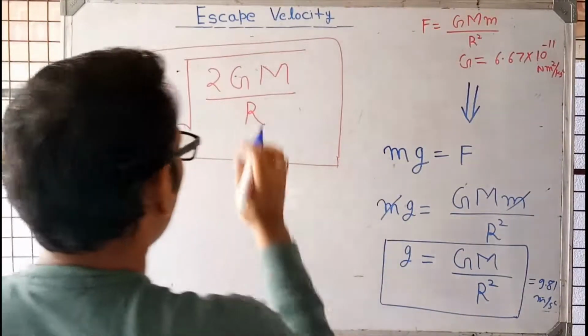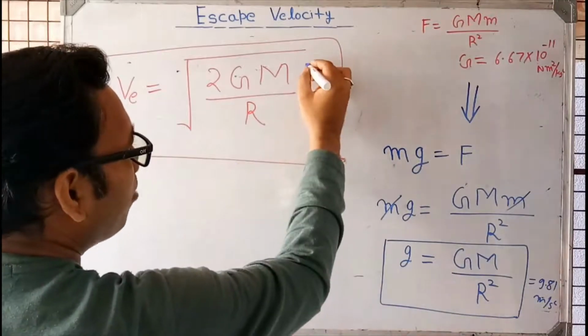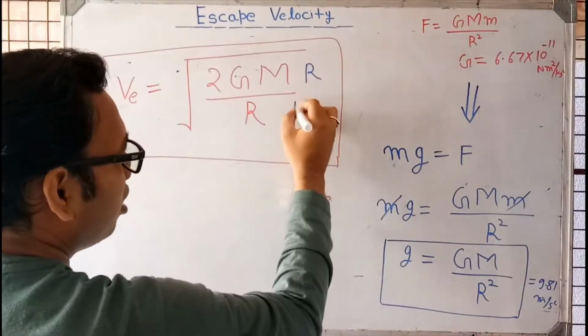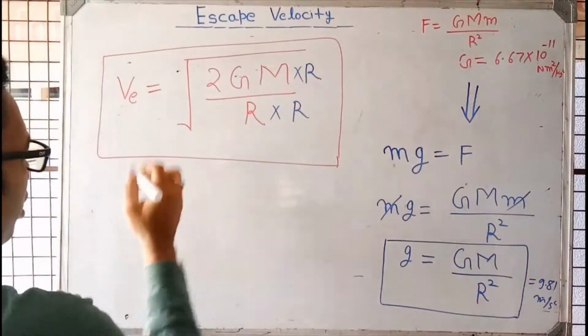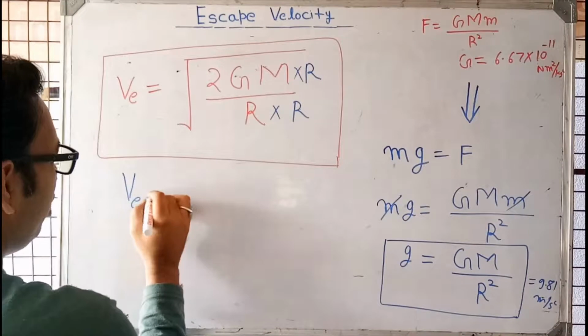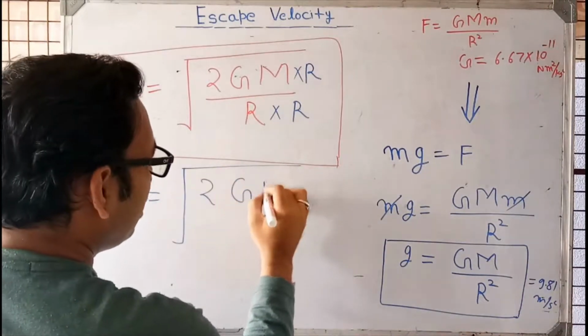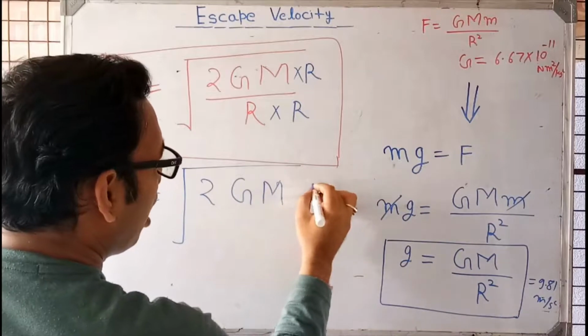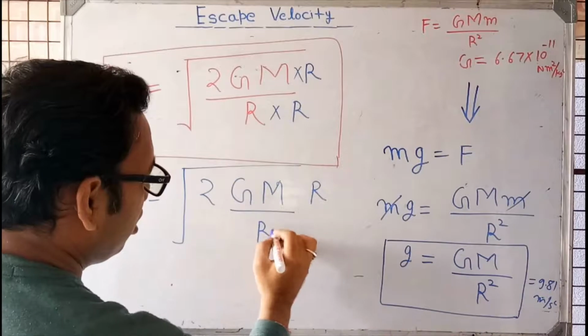Now this equation we will put here. In this equation, I am going to multiply by capital R and small r, both top and bottom. So this equation becomes VE is equal to 2 G M R divided by R square.